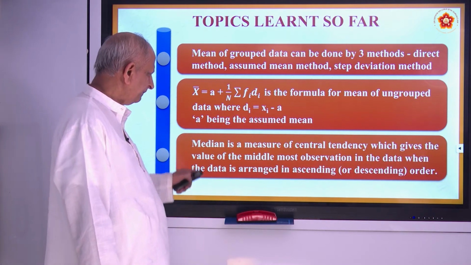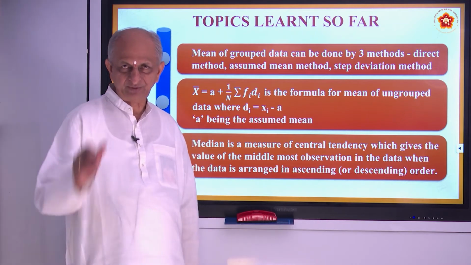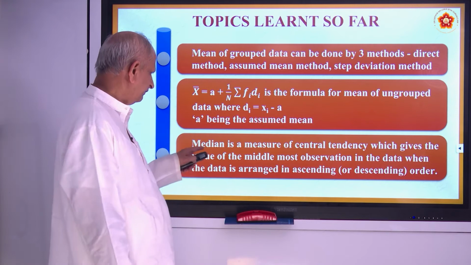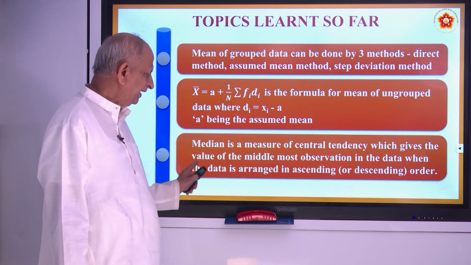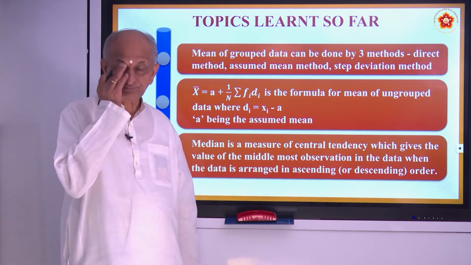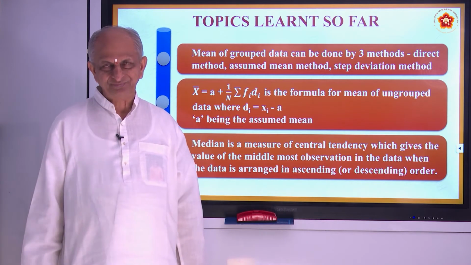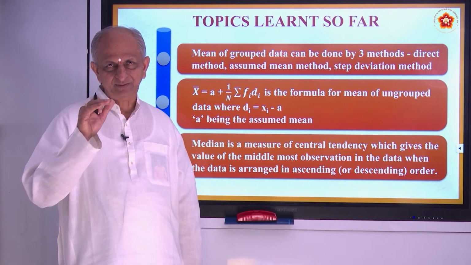Also we have seen what is meant by median, the second measure of central tendency. The first one was mean. Median gives the value of the middlemost observation in the data. Suppose it is odd, say 1, 2, 3, 4, 5.